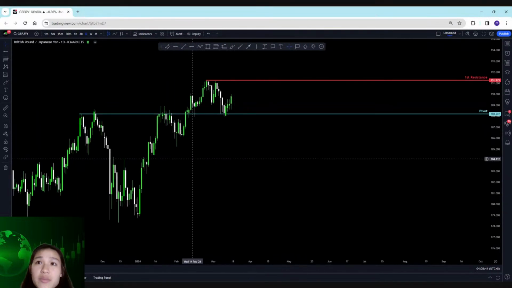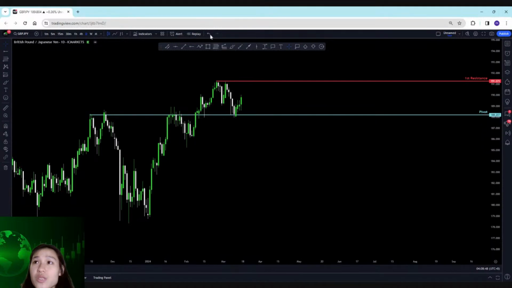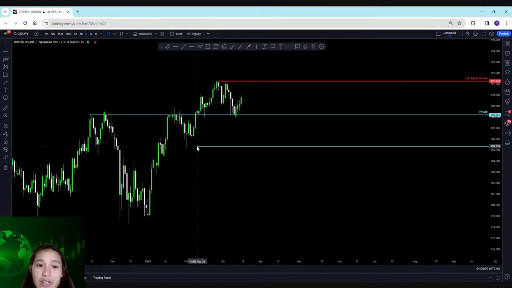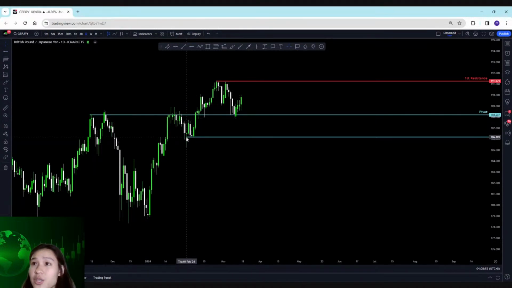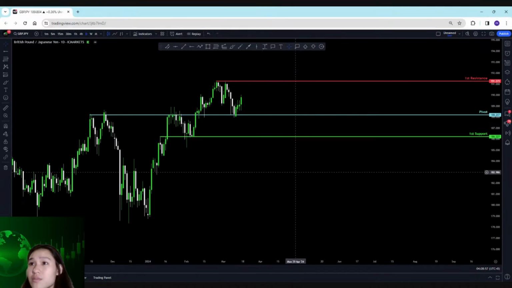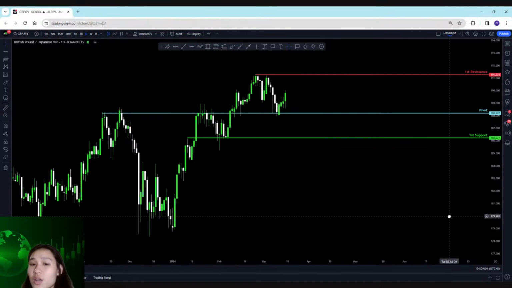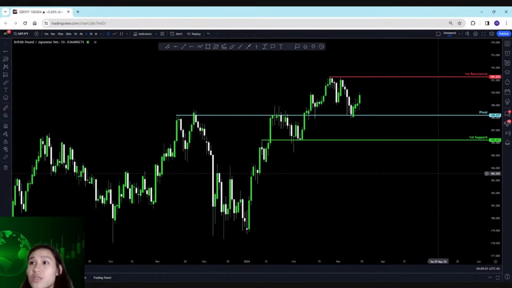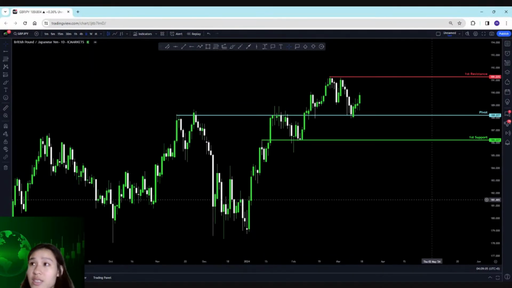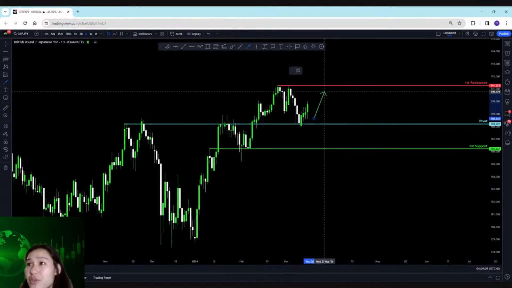Overlap basically means that there are swing highs as well as swing lows that respect that area. And lastly, I'm gonna place my first support over here. So that's a really simple support and resistance analysis for our daily time frame.